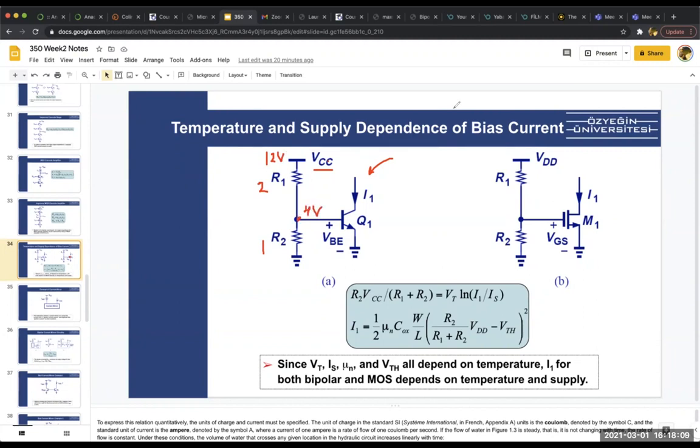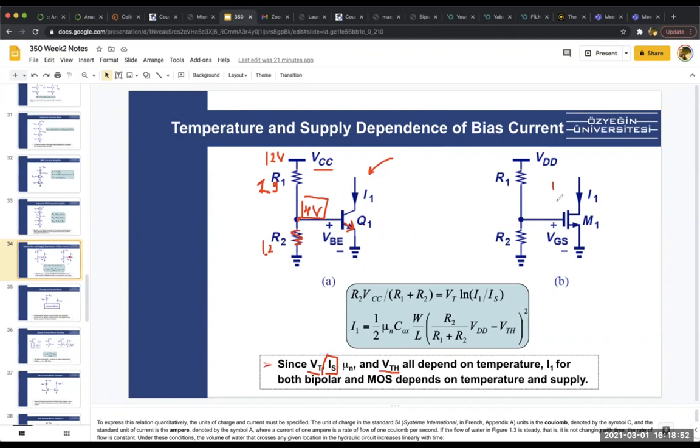The question is, when we design the circuits, these resistors are not really 2 or 1. This might be 1.2, this might be 1.9, or vice versa. Then this 4 volts won't really be 4 volts anymore. This is a process variation. Similarly, there is thermal variation. Your saturation currents for this diode can change. Your thermal voltage might change, and so on.